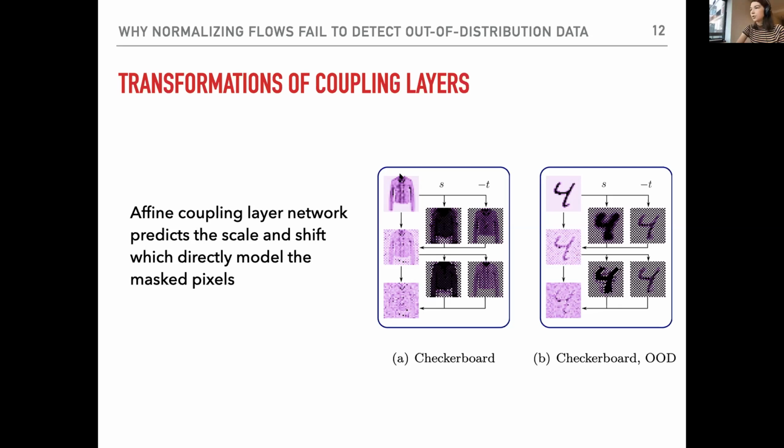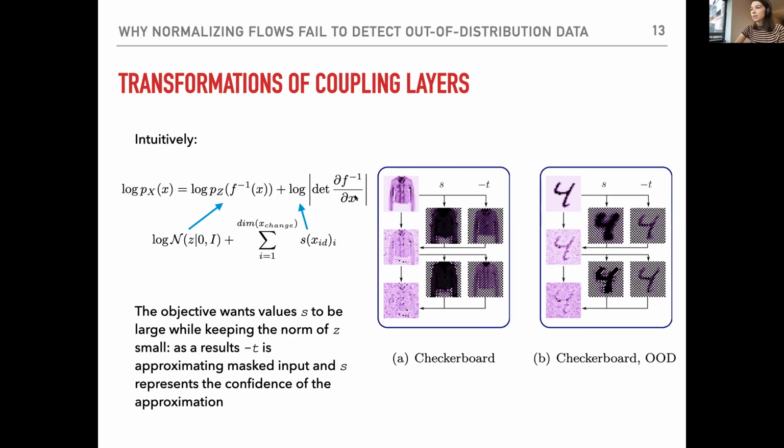We just took a two coupling layer RealNVP trained on this Fashion MNIST data. What's interesting is that we can basically see the input image both in the scale and the shift predicted in each coupling layer. To understand why it happens, let's look at the objective more closely.